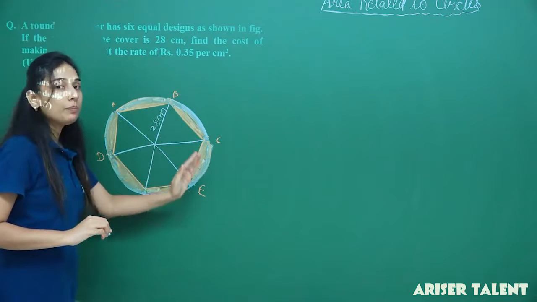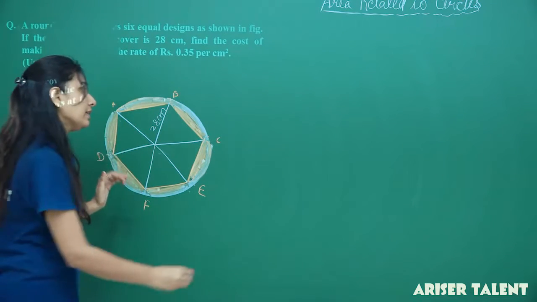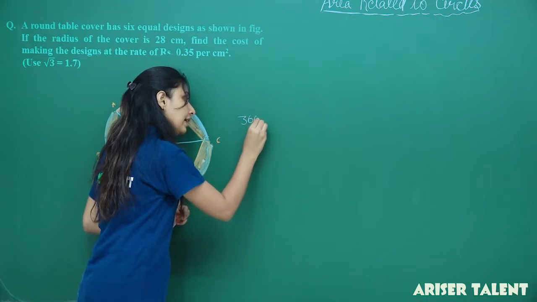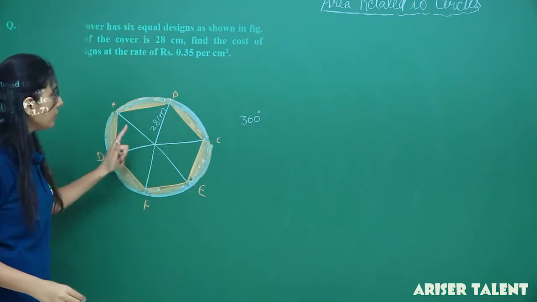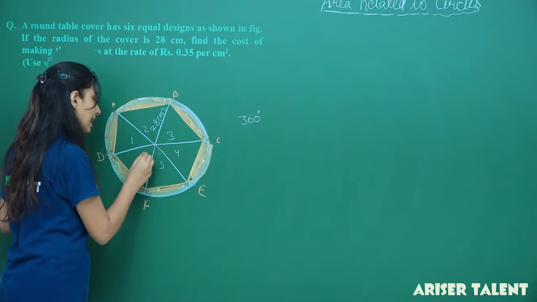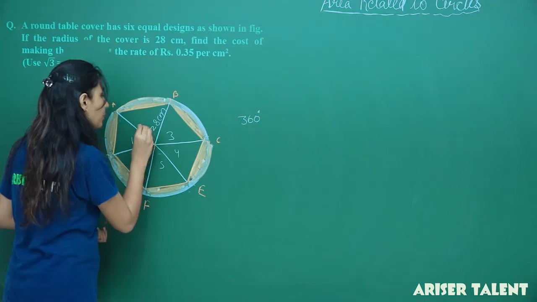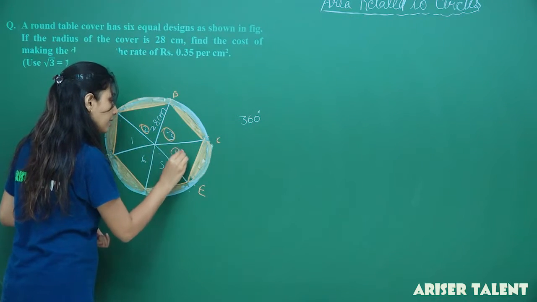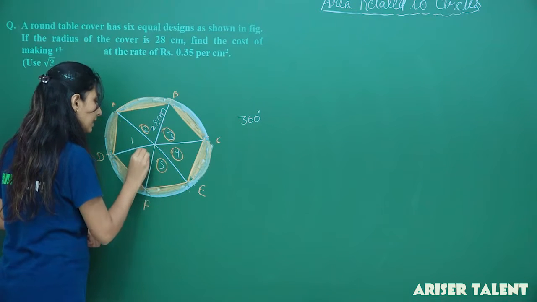Okay. Now the complete angle is what? It is 360 degree and it is divided into 1, 2, 3, 4, 5 and 6 equal portions, right.